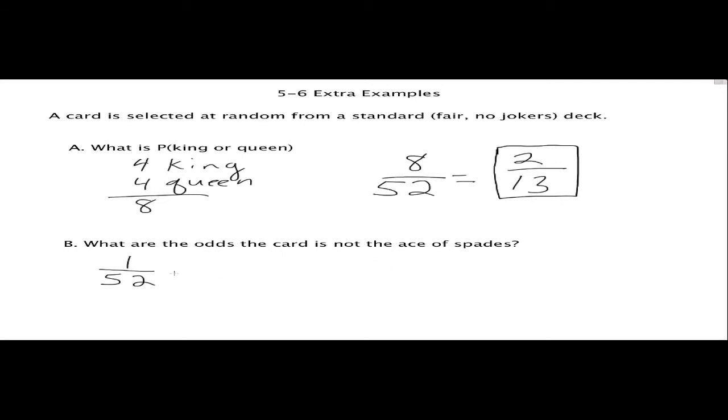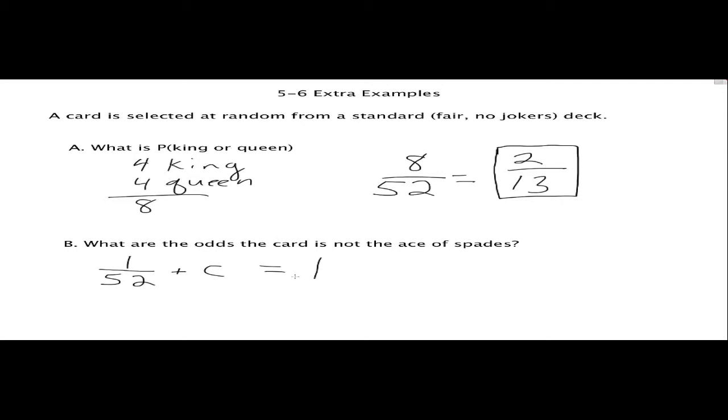So 1 out of 52 plus its complement is going to equal 1. Everything. So I have the event that I'm interested in plus everything that's not that event, and in total that's 1. If you took all of the cards, eventually it would all happen.